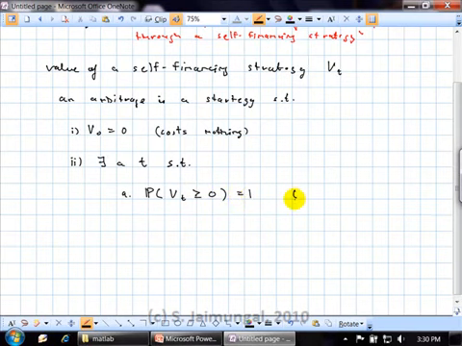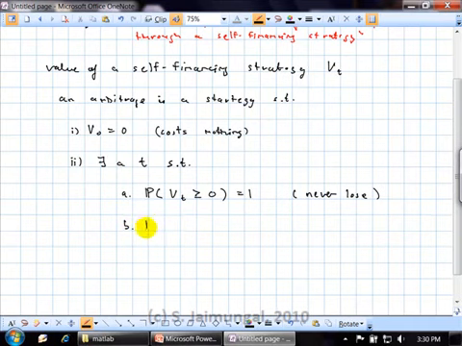What does that mean if you think about it financially? It means that you never lose any money. Or at least you never lose with probability 1, right? And in a discrete world, that means it never actually happens. In a continuous world, yes, it could happen, but on sets of measure 0. So we're in a discrete world, so all it means is it never happens. You never lose.